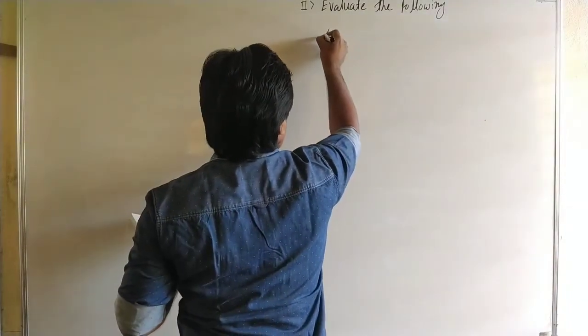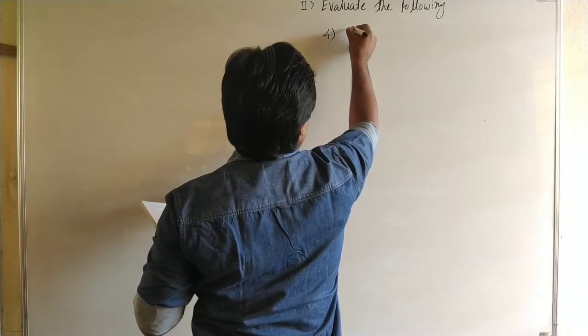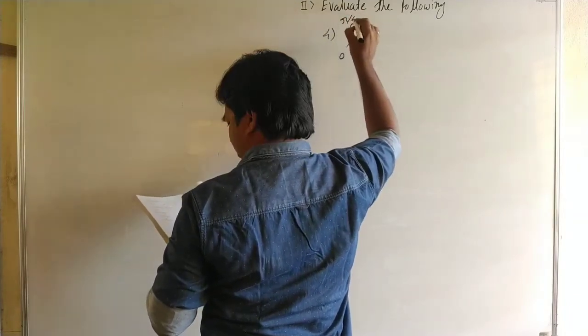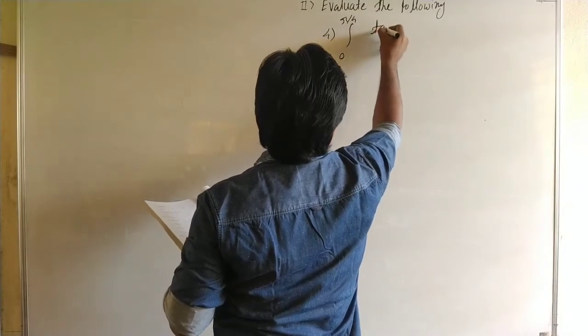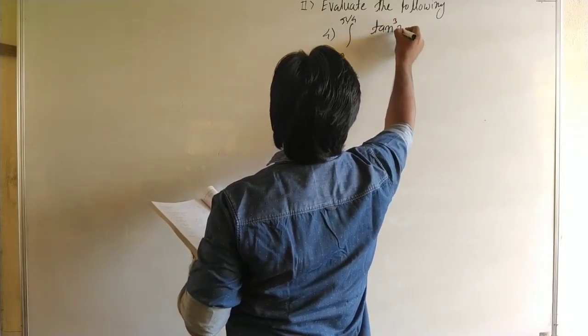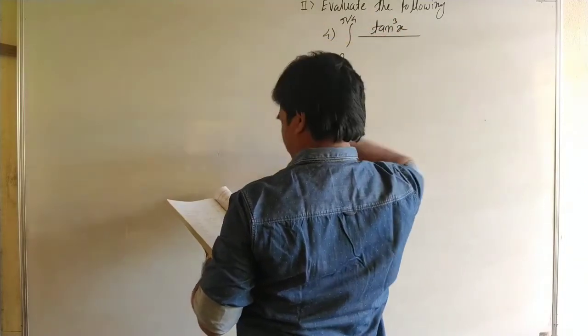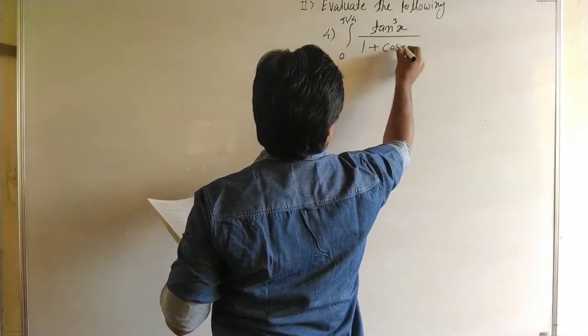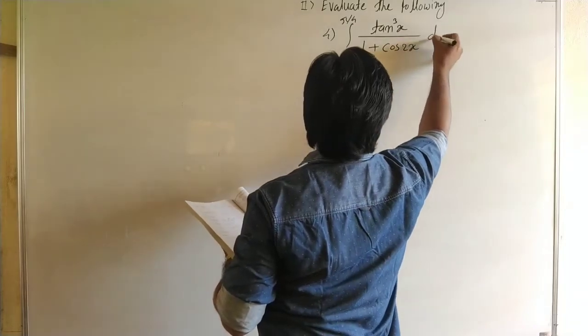Example number 4. Integral 0 to pi by 4 tan cube x upon 1 plus cos 2x dx.